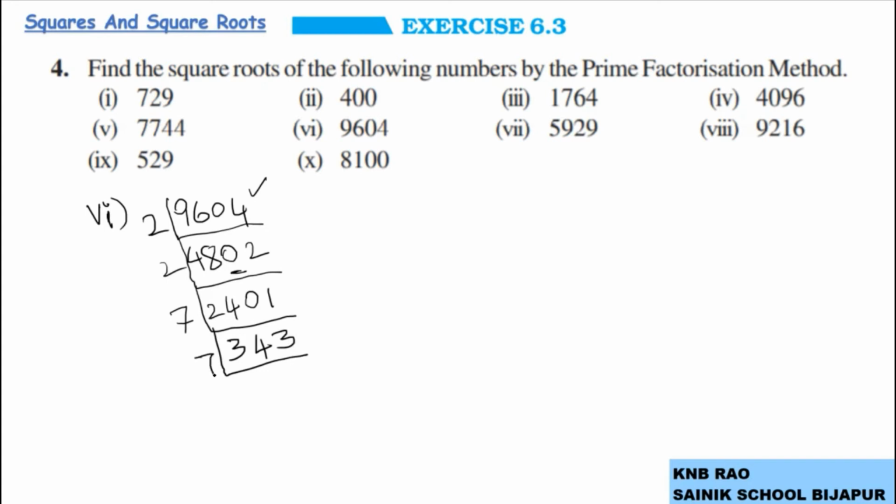So therefore 7 4s are 28, 6 will come here, 7 9s are 63. So now 7 7s are 49.